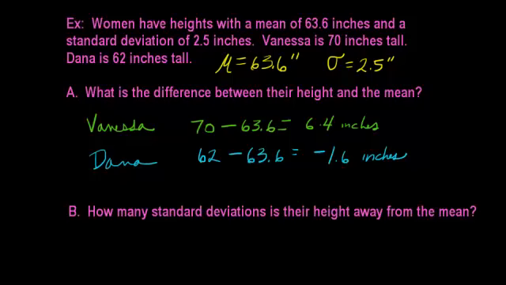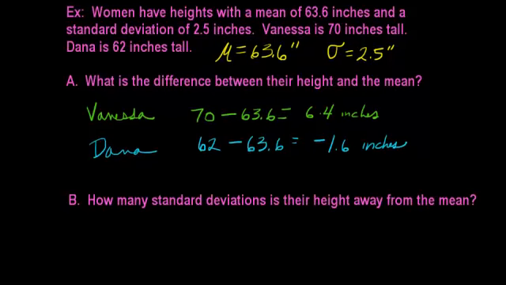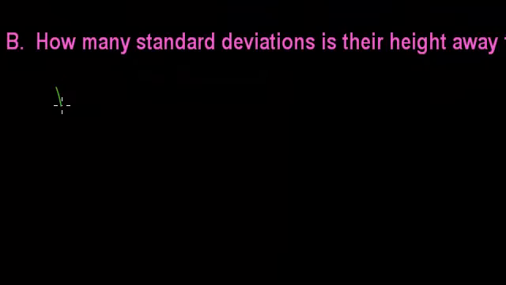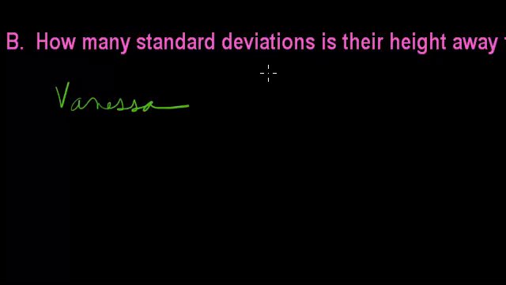Well, how many standard deviations is their height away from the mean? Well, for Vanessa, the difference was 6.4. How many standard deviations will go into 6.4? So we divide that by 2.5, which was our standard deviation, to find out how many standard deviations we are talking about here. And when we divide, we get 2.56.